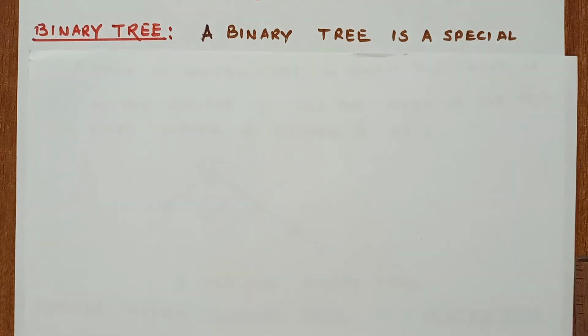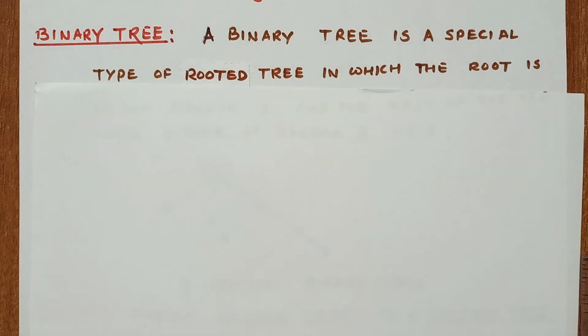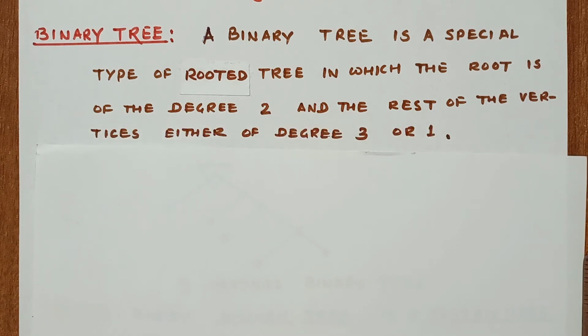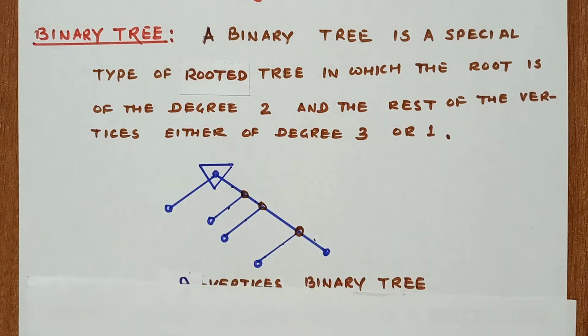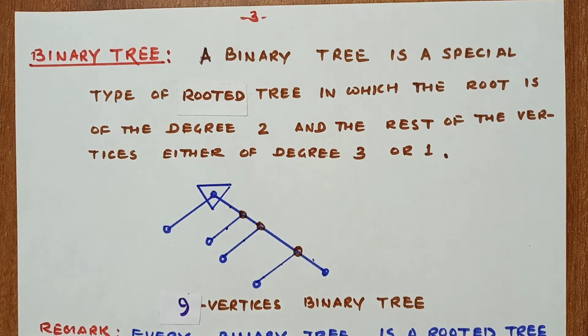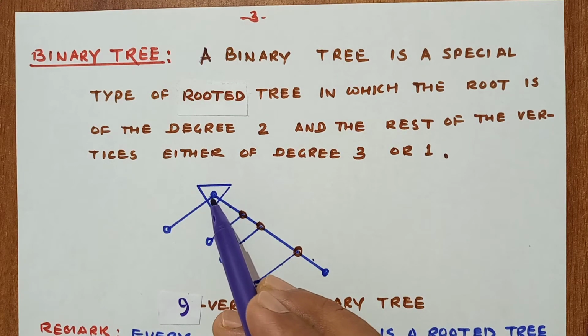Now we will explain binary tree. A binary tree is a special type of rooted tree in which the root is of degree 2 and the rest of the vertices are of degree 3 or 1. For example, this is a rooted tree with root of degree 2.